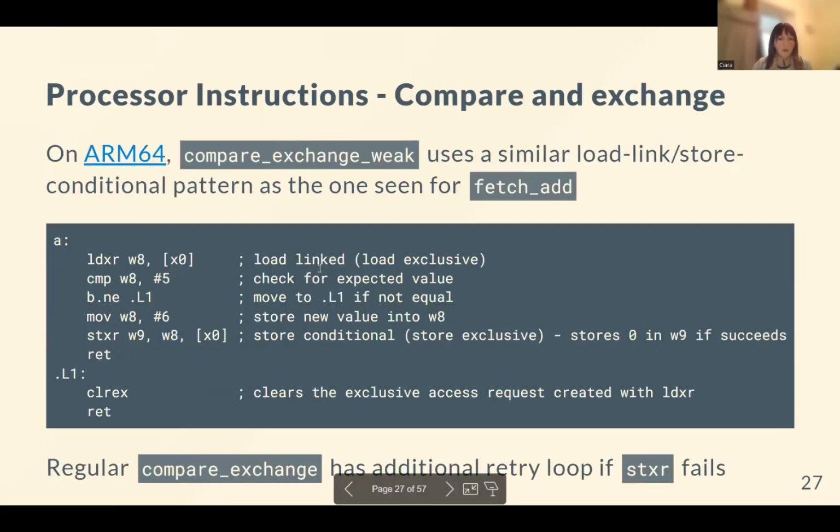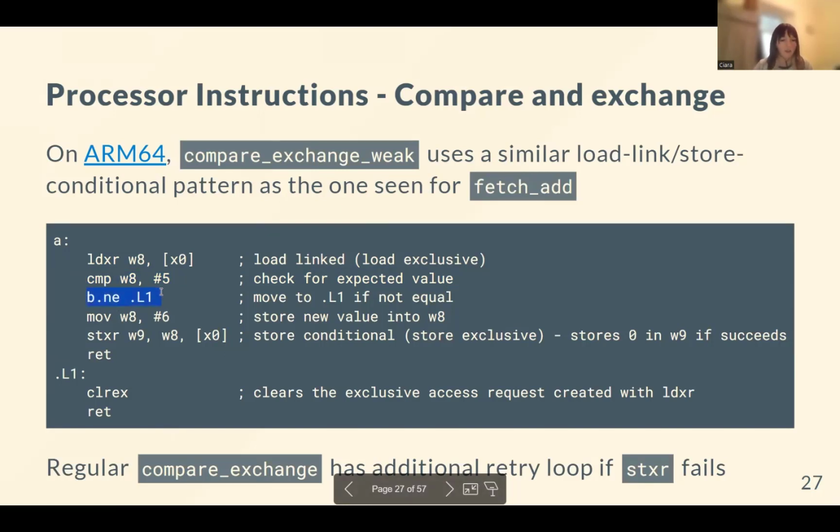So on ARM64, this compare exchange weak uses the same kind of load link store conditional pattern as the one we saw with fetch add. Here we are loading it and we want that to be exclusive. We check if the value is what we expect it to be. And if it's not, then we know that's going to fail.